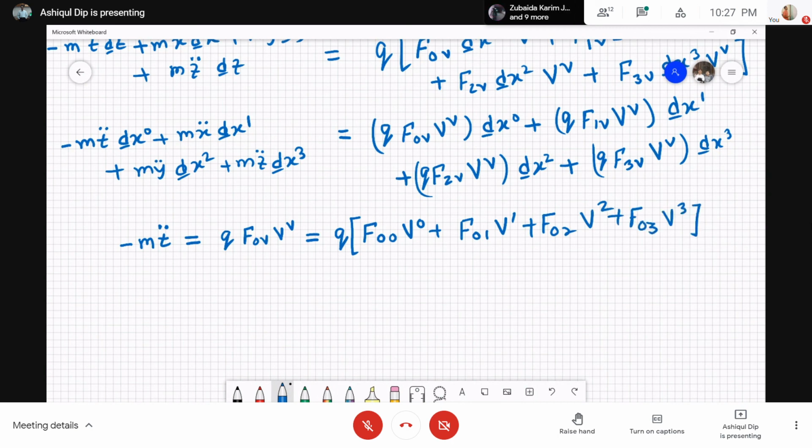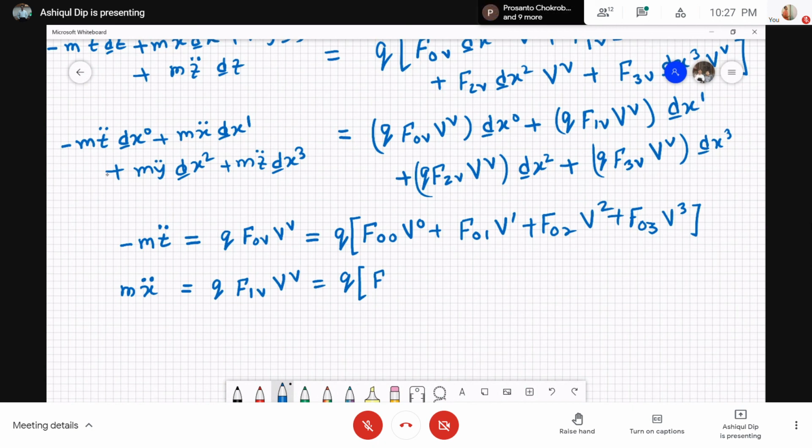I can do that. Yeah. We can do the same thing for the rest as well. So minus, sorry, in this part would be plus, right? Plus m x double dot equals q f1 nu v nu, which is f10 v0.